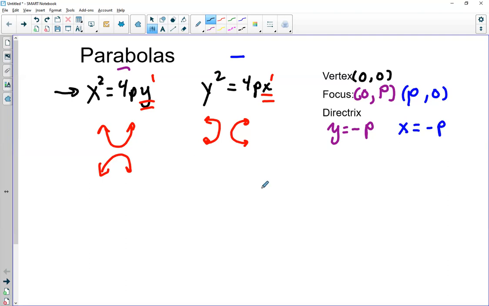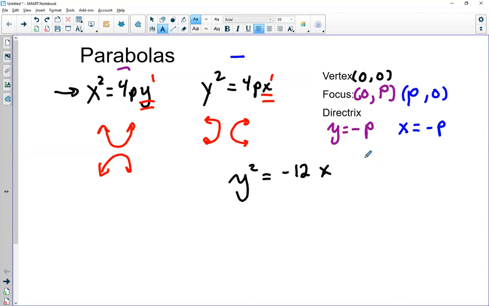Okay, so here's a question. Let's say it is y squared equals negative 12x. For this one, we need to find the vertex, the focus, and the directrix.